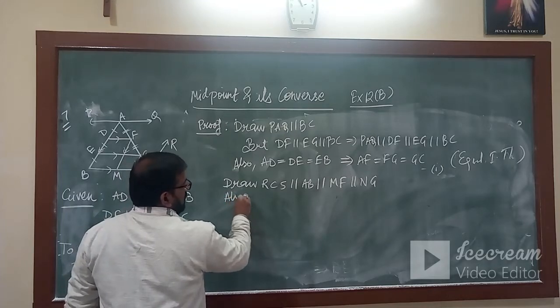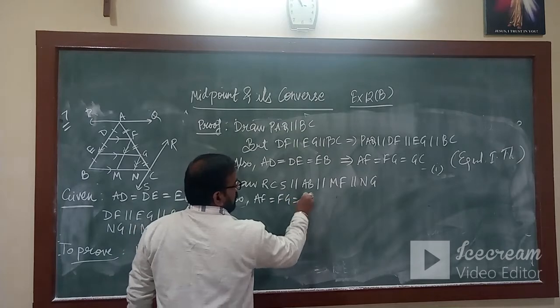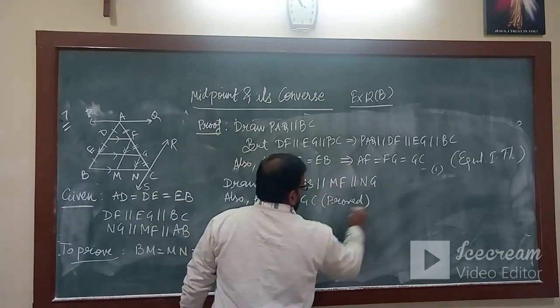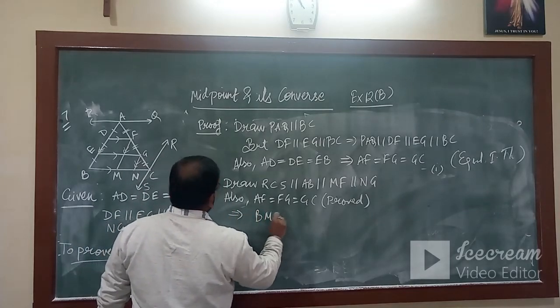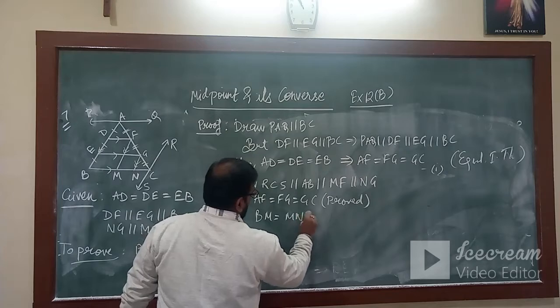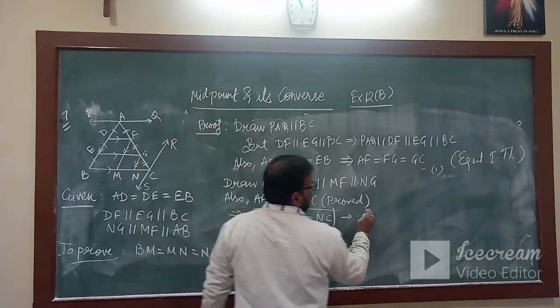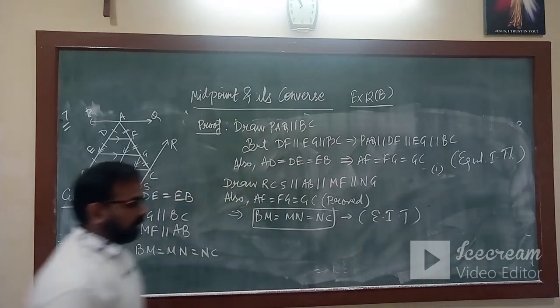Also we have just proved AF equal to FG equal to GC. This we have already proved. So we can say that BM equal to MN equal to NC. How? By equal intercept theorem.